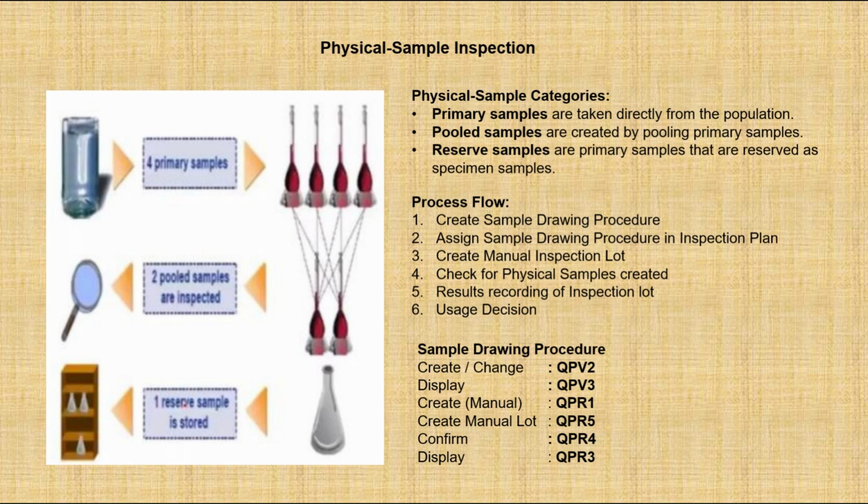When my material is a liquid, say water, petroleum, or HCl, or any liquid which I am dealing with, normally in the pharma sector, when they create cough syrup or something like that, they are using this liquid form of the material, and in that case we handle it as a physical sample.